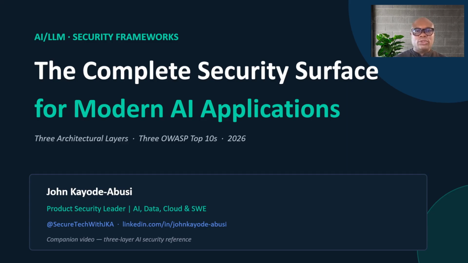OWASP's own 2026 LLM Top 10 explicitly draws out that the LLM Top 10 covers risk when the model is a component inside your application. That is the OWASP Top 10 for LLM Applications. While the Agentic Top 10 covers risk when the model becomes an actor, with tools it can invoke, memory it carries between sessions, and consequences that can be set in motion downstream.